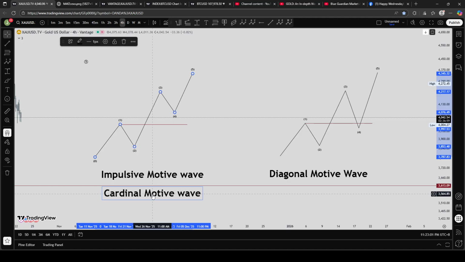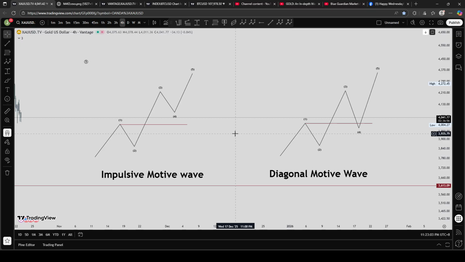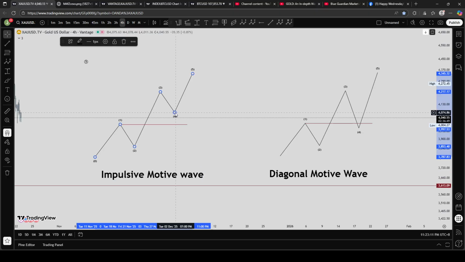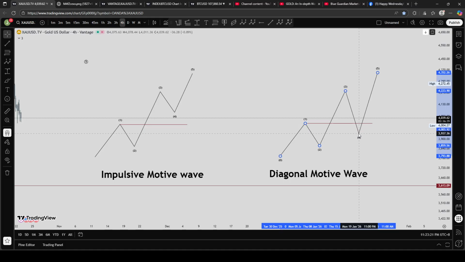So in other words, let me now use the modern term: in an impulsive motive wave, the wave 4 retracement will bounce above the territory of wave 1, and in a diagonal motive wave, wave 4 will retrace or overlap the territory of wave 1, but should not go beyond the territory of wave 2 because it will invalidate the 5-wave uptrend. So that's the difference between the two.